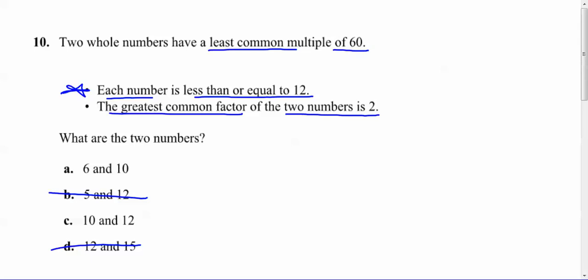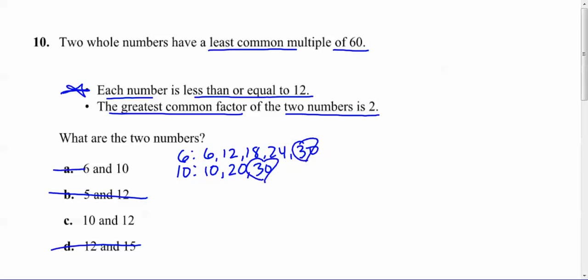Choice A, I would just start testing these. Do these have an LCM of 60? So 6 and 10, we just did that example, right? You're going to end up landing on the same number at 30, not at 60. So that does not have an LCM of 60, so by process of elimination, you could figure out that it is choice C, 10 and 12.